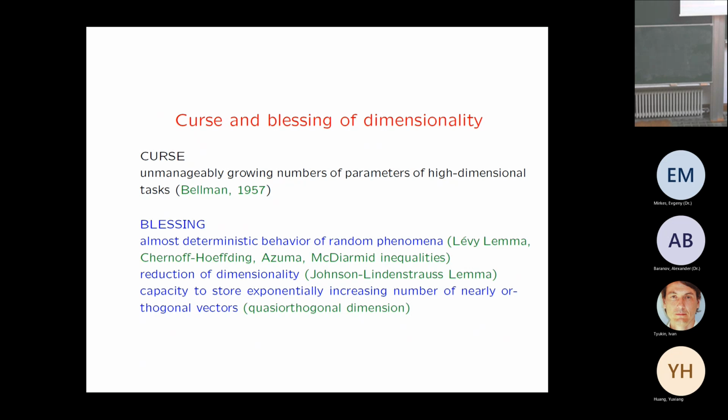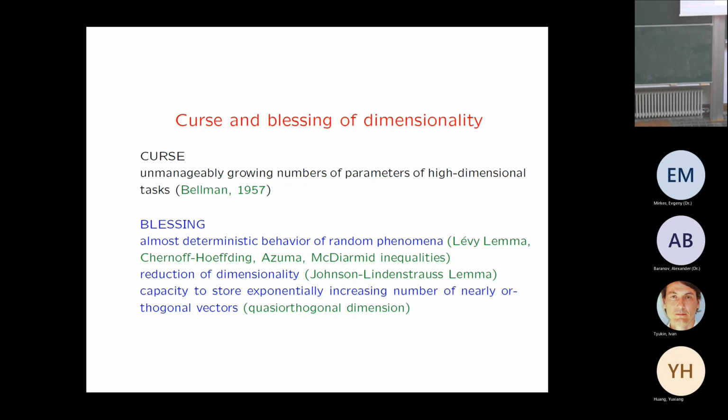metaphorically, really, on one hand, these high dimensional things, of course, mean that you have unmanageably large numbers of parameters. On the other hand, you have this kind of concentration of measure, which means that sometimes random phenomena behave almost deterministically.